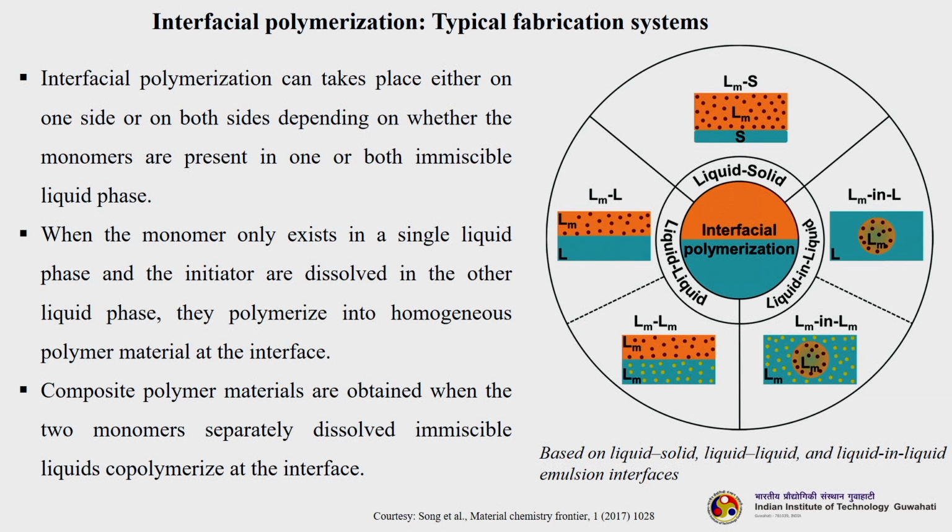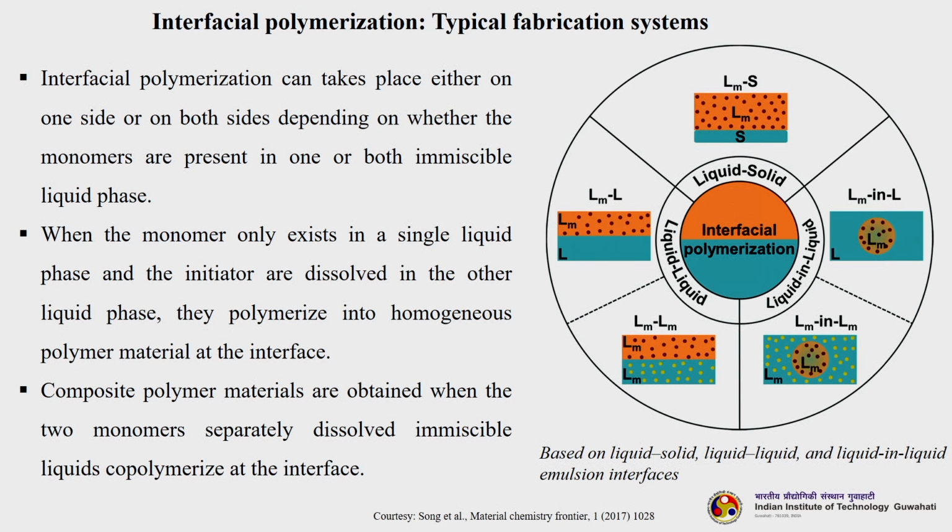So, let us now understand what the different types of fabrication systems already in practice for interfacial polymerization are. You can closely look at this particular figure on the right hand side. This figure is based on liquid-solid, liquid-liquid, and liquid-in-liquid emulsion interfaces. Interfacial polymerization can take place either on one side or on both sides depending on whether the monomers are present in one or both immiscible liquid phases.